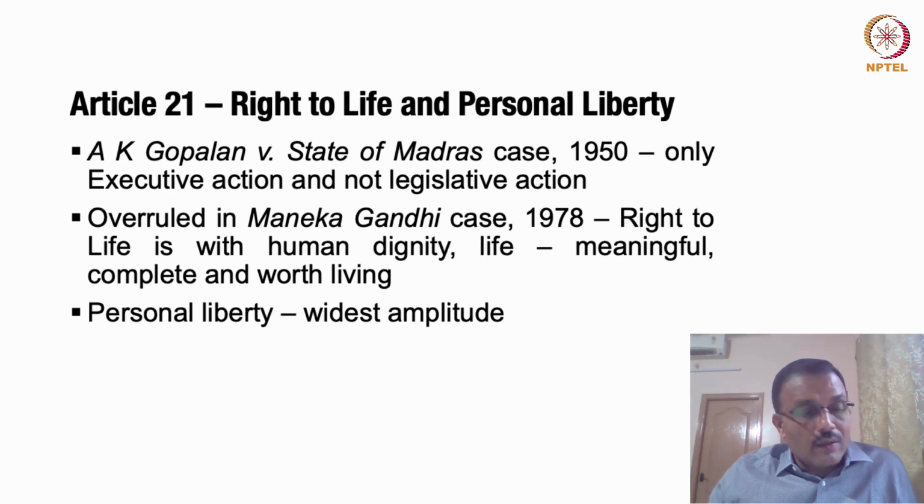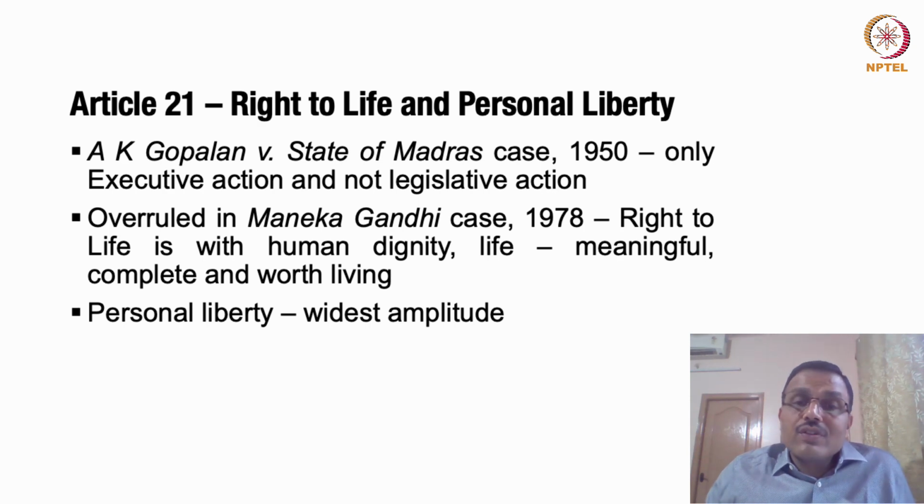They did go in for a wider interpretation of Article 21, and they ruled that the right to life and personal liberty of a person cannot be deprived by any law unless that law is reasonable, fair, and just. So the executive action is already to be tested under Article 21. However, the Parliament or the legislative action will also be tested if it violates life and liberty of citizens.